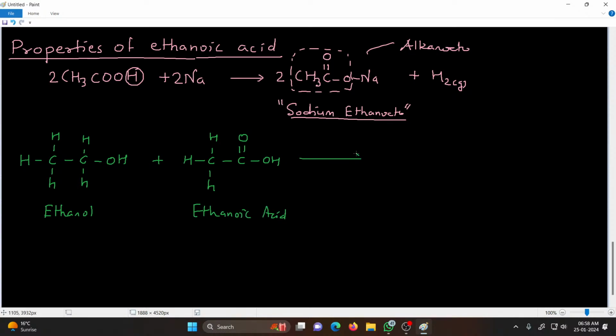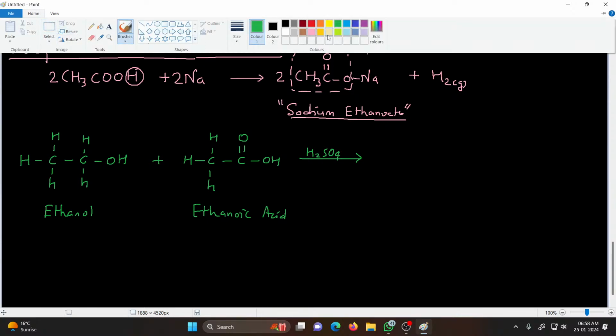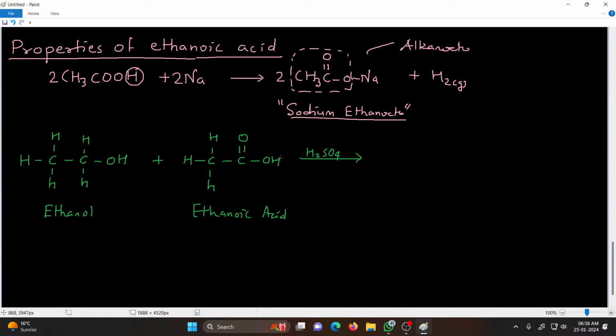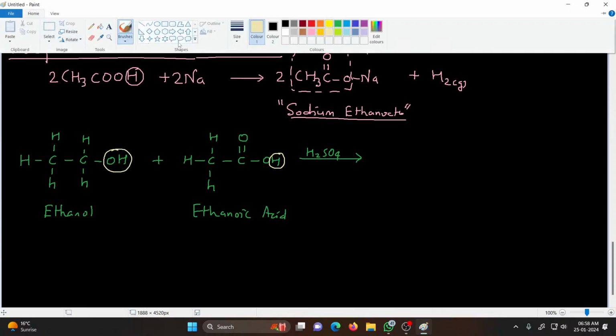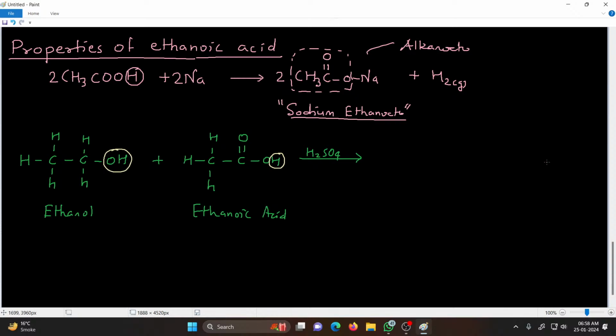The reaction takes place in presence of sulfuric acid or any other acid for that matter, that means H plus ion. See what happens in this reaction. In this reaction, acid easily loses hydrogen and alcohol loses the OH radical. So when H and OH radical combine together, obviously they will form water.